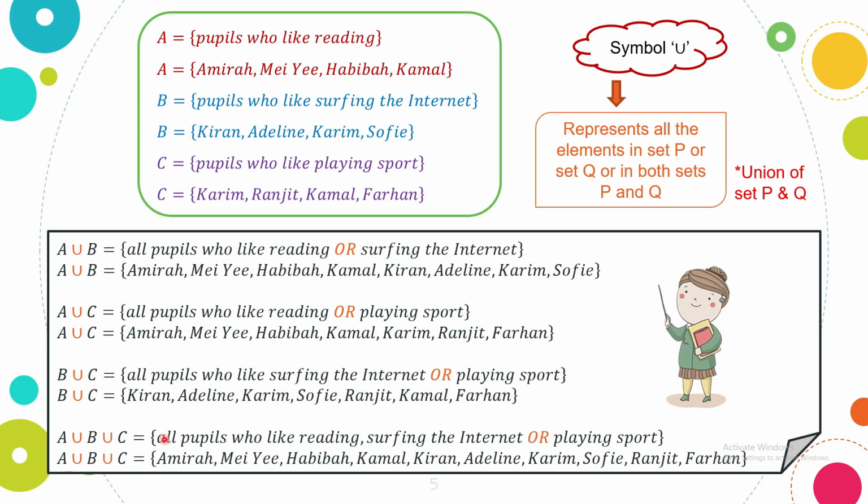The last one is set A union set B union set C. All of these three sets are combined together, which is all people who like reading, surfing the internet or playing sport: Amira, Mei, Habibah, Kamal, Kiran, Adeline, Karim, Sophie, Ranjit, and Farhan.